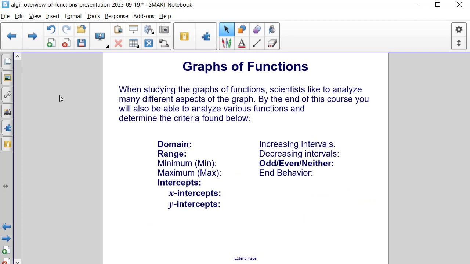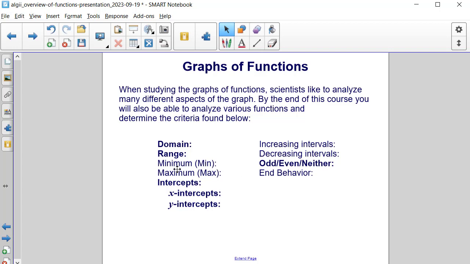Now let's discuss the graphs of functions. When studying the graphs of functions, scientists like to analyze many different aspects of the graph. By the end of this course, you will also be able to analyze various functions and determine the criteria found below. Ones emphasized in this unit are the domain, range, intercepts, x and y intercepts that is, and whether functions are even, odd, or neither.